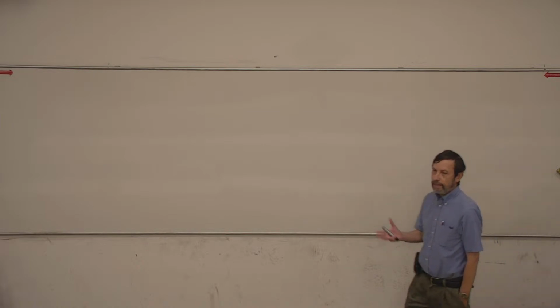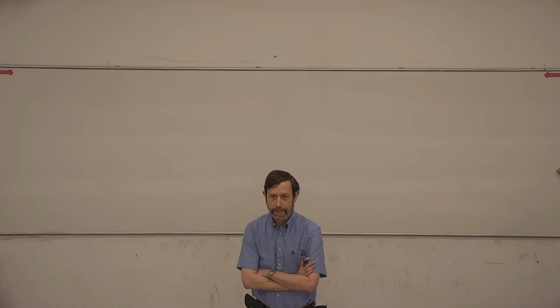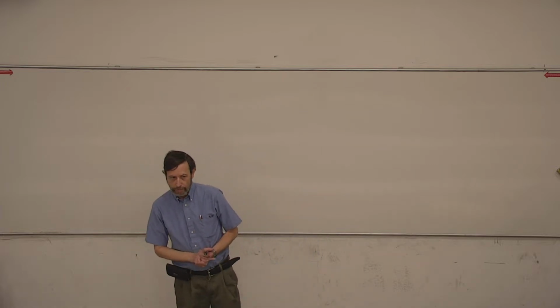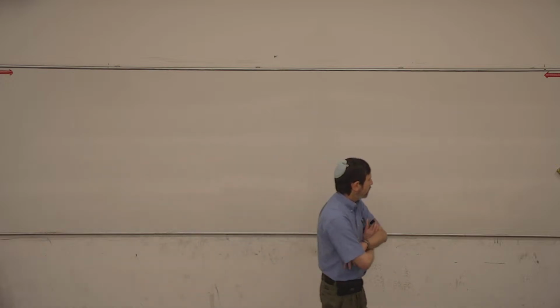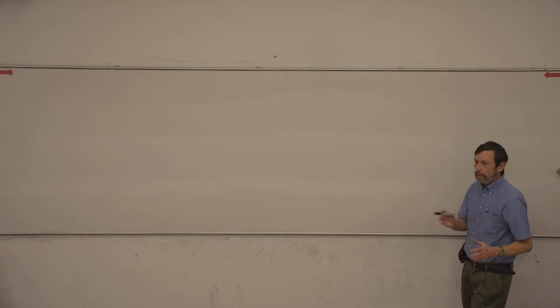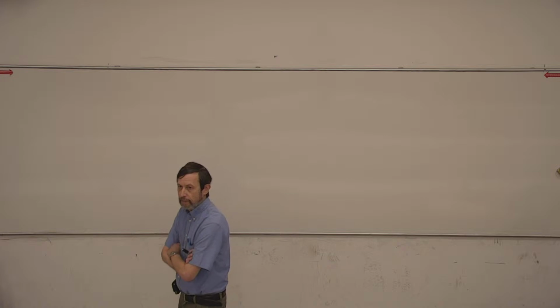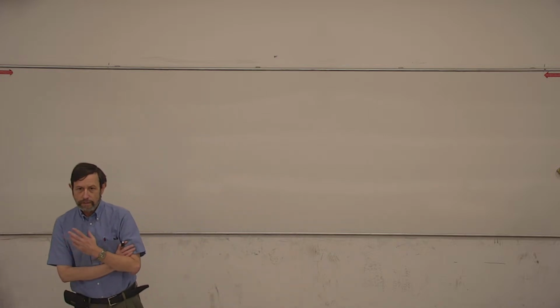So, at the end of the last lecture, we tried to explain the conductance properties of electrons in metal, and we used the Drude model, which is a very simple model. The electrons are treated classically.